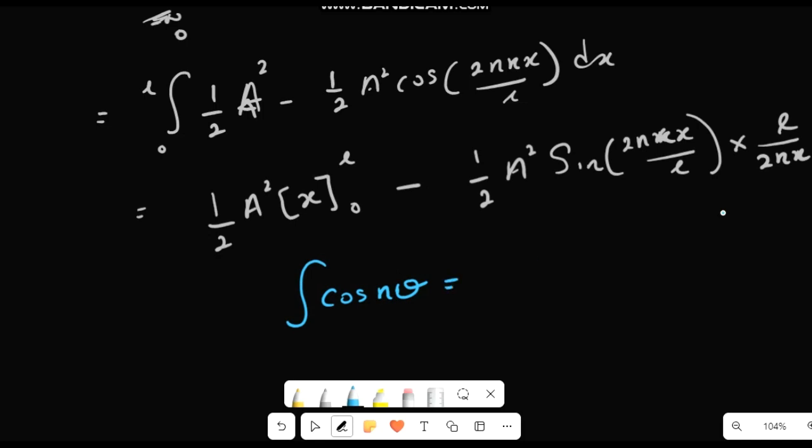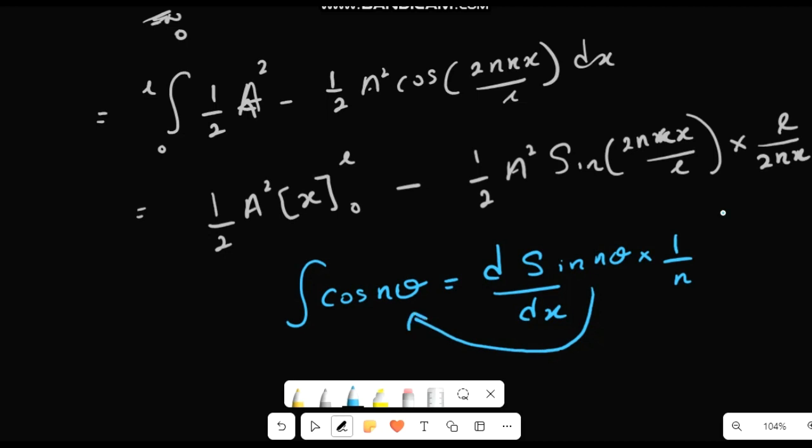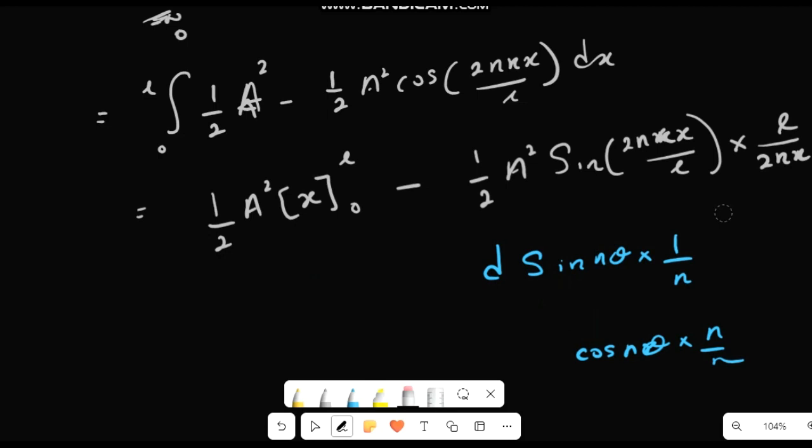We would have sin nθ, and this inner constant n must be divided, because integration is just the opposite of differentiation. If we differentiate this result, we should get back our function. You can try it yourself. That's the basic concept here.